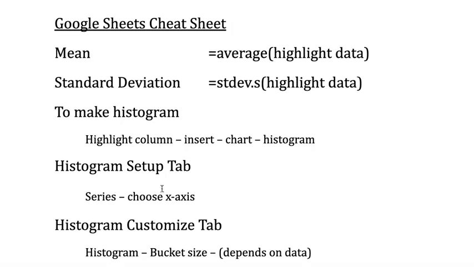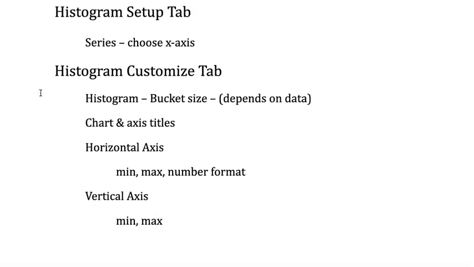In the histogram setup tab, there's a little technical issue that just makes things a little bit easier to work with. We went to series and we chose the x-axis. And in the histogram customize tab, we went to the histogram area, found the bucket size, and set up a bucket.